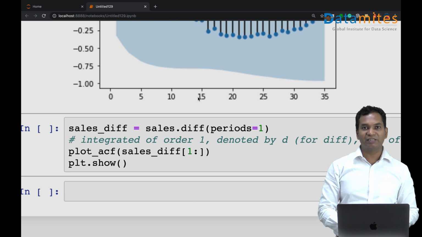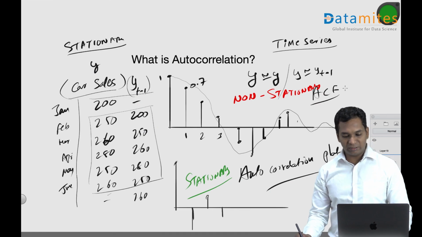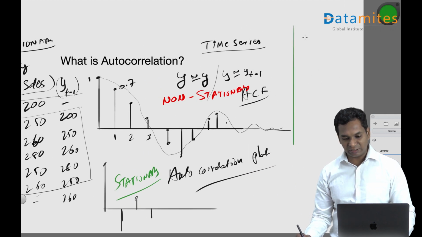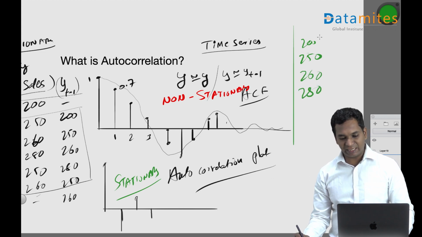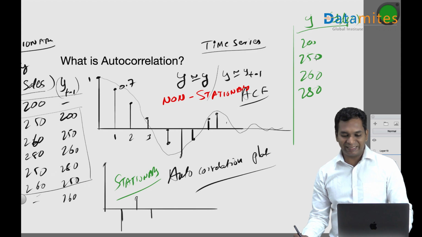When you say differencing, we take this data. For example, let's say 200, 220, whatever data I have over here, 250, 260 and 280. We difference it, which means that this original data, when you difference it by one time, one order, we take the difference from the next value.